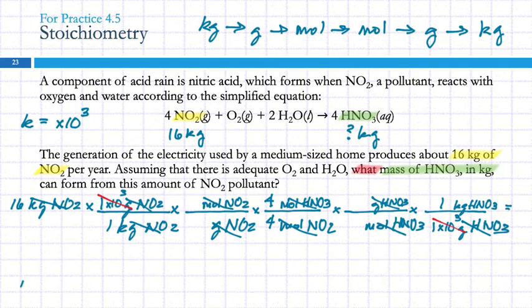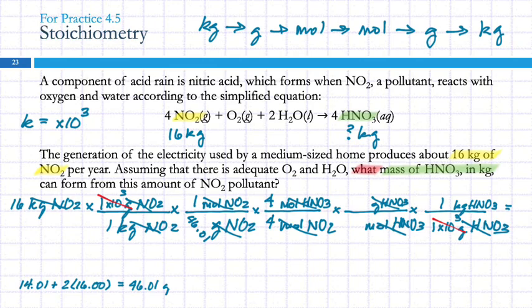So nitrogen is 14.01 and 2 oxygens is 16.00, so 46.01 grams for 1 mole of NO2.